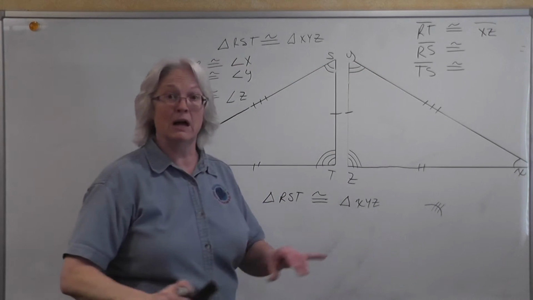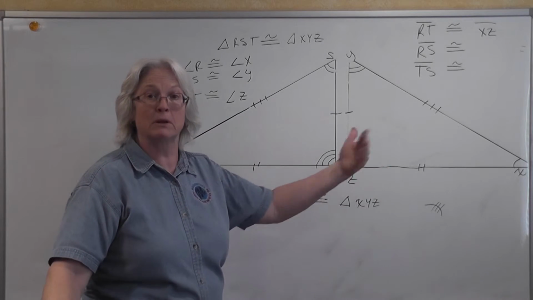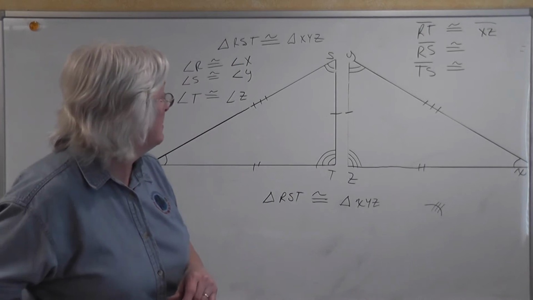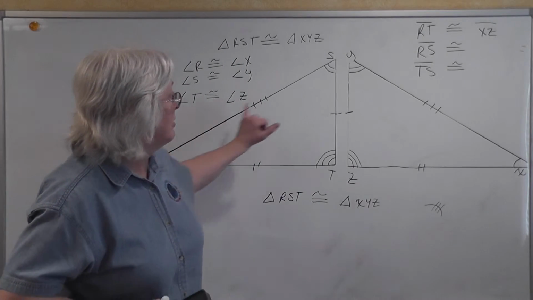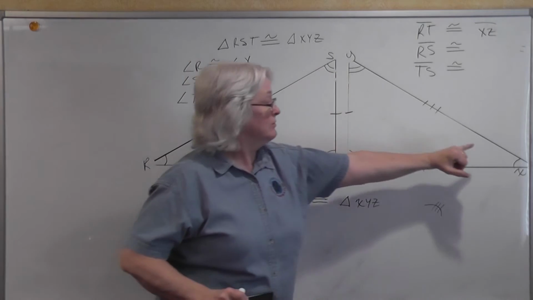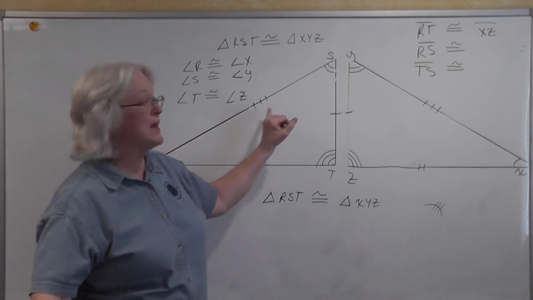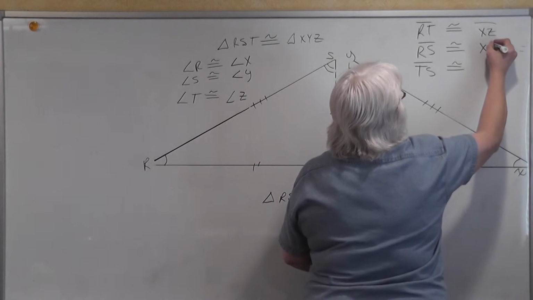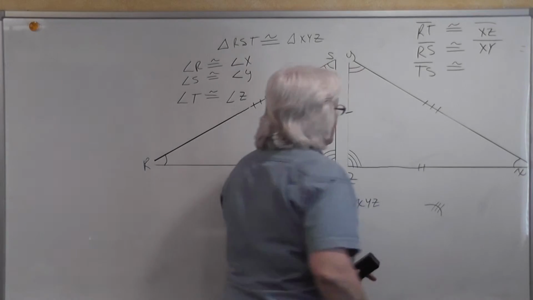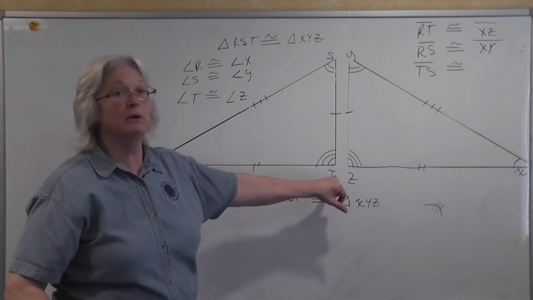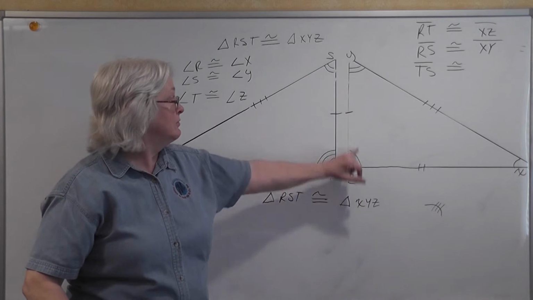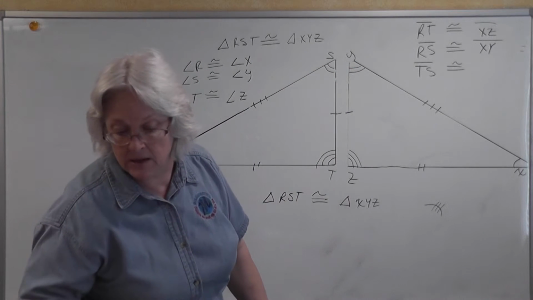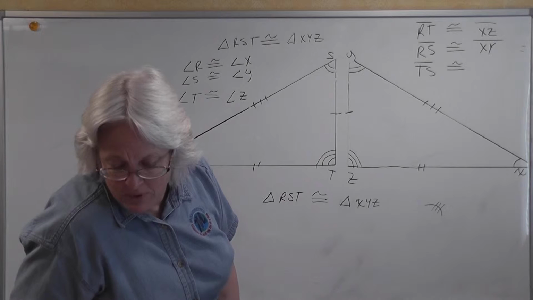Is it true that it's line segment ZX? Yes, it is, but let's put these things in alphabetical order. Now we have line segment RS is congruent to line segment XY because we have 3 hash marks here. And our final line segment, TS, is congruent here to line segment YZ. Haha, I love it. They put ZY.